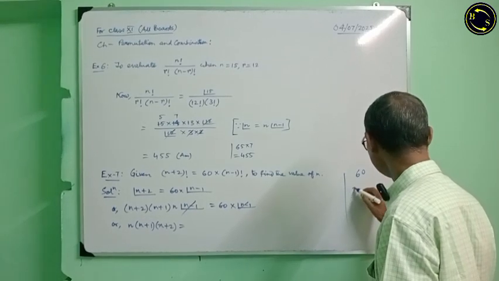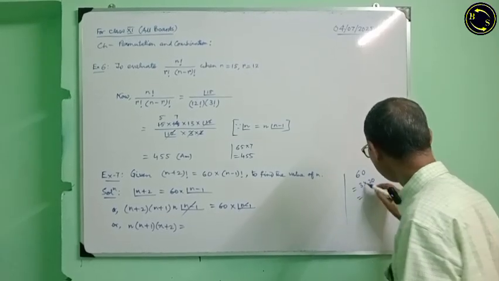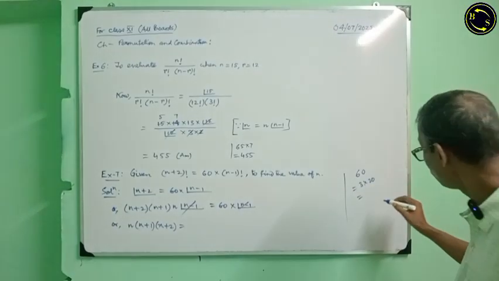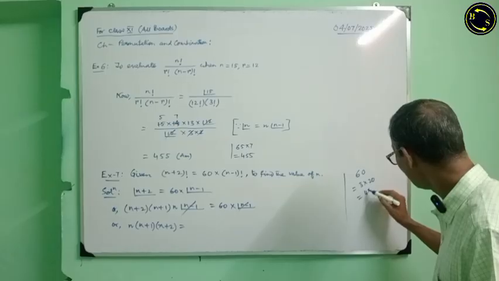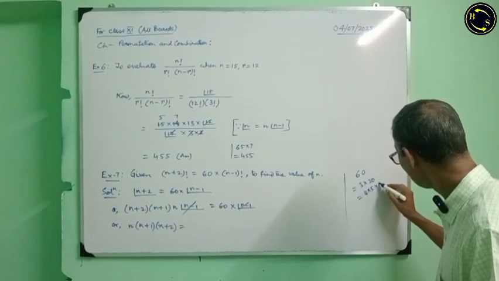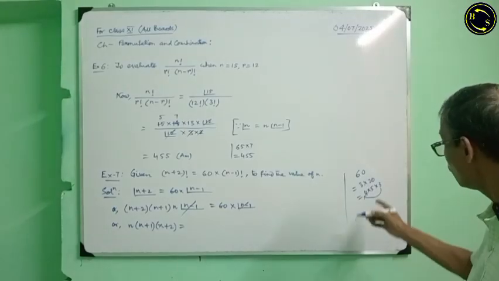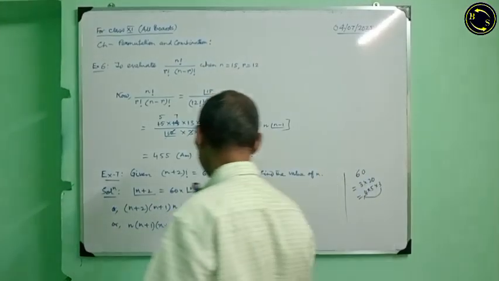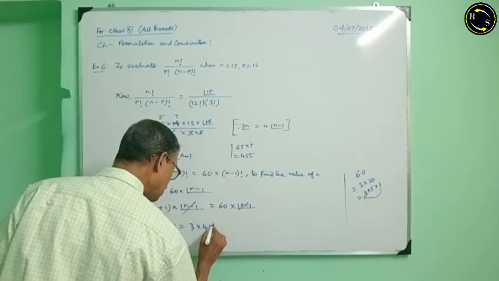Sixty, 3 into 20. 20 is equal to 4 into 5. Therefore, we can write it 4 into 5 into 3. If I take that at first, then it is 3 into 4 into 5.